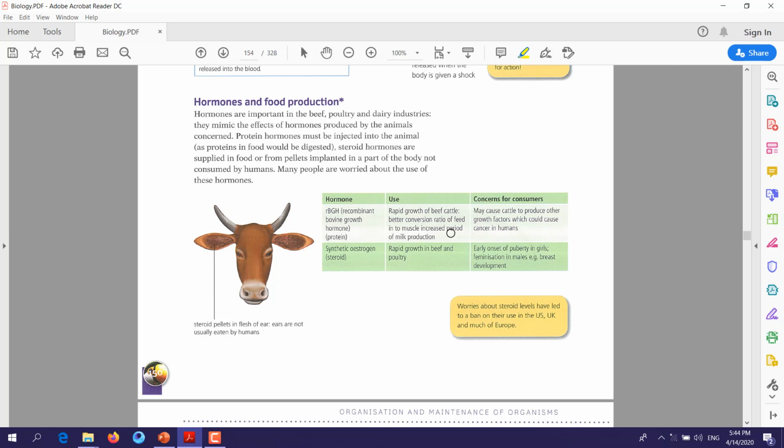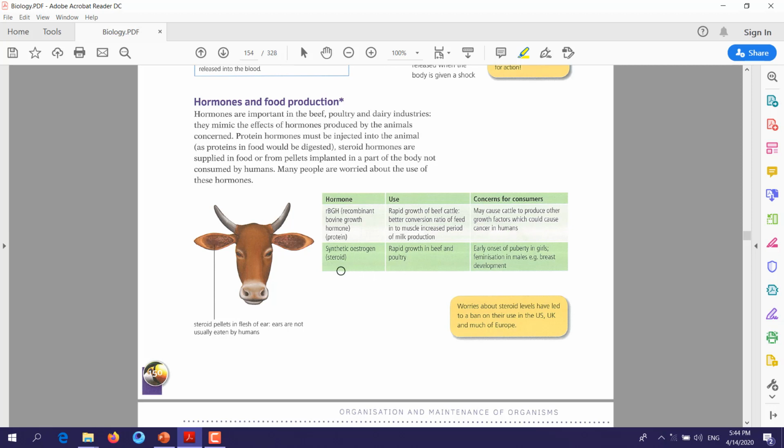But from the consumer side, it may cause cattle to produce other growth factors which could cause cancer in humans. What does that mean? When they give these hormones to cattle, this is something good for cattle. It makes more beef, it makes more milk. But at the same time, these factors, or these hormones, might cause cancer in humans.